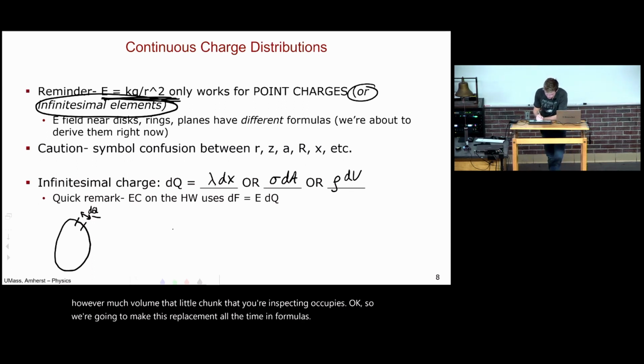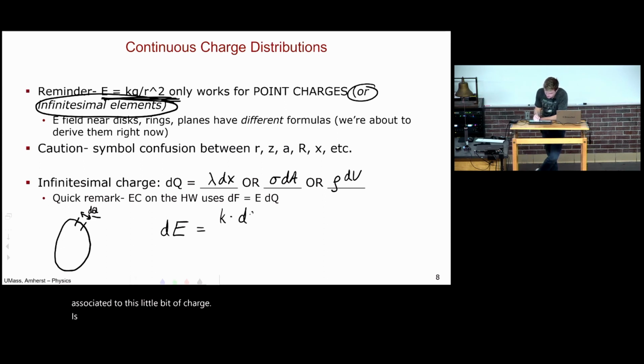And specifically, we're going to make the replacement that the electric field associated with this little bit of charge is Coulomb's constant times dq over r squared.